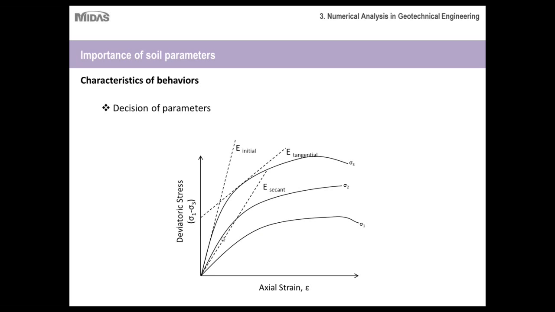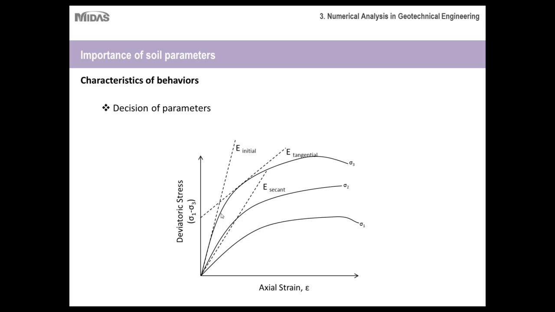This is what makes geotechnical analysis very tricky for soil parameters. One of the main things to get from this is that soil behavior is complex and requires nonlinear behavior to be taken into account.